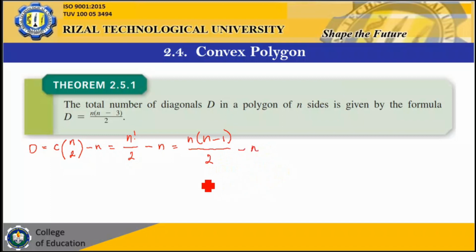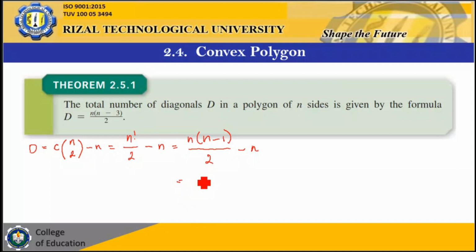Now if we are to simplify this expression, the least common multiple of the denominator is 2.